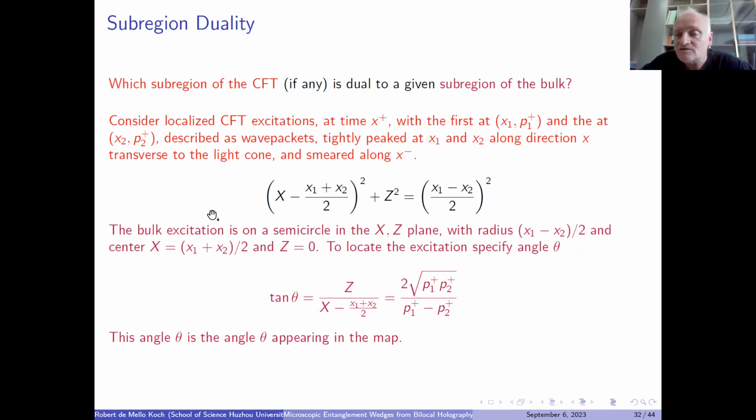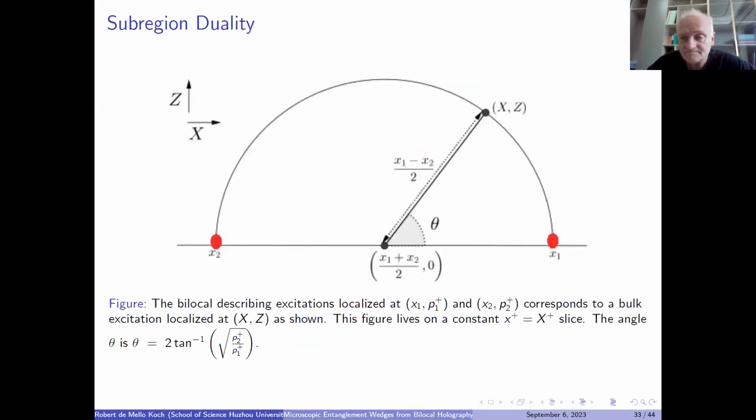And then just by looking at the dictionary between the CFT and the AdS4 coordinates, you can verify this equation written in black. What that means is, so I've drawn a picture over here. In this picture, the horizontal direction is x, the direction transverse to the light cone. So in particular, this horizontal direction is parallel to the boundary, and this horizontal line is at z equal to 0.